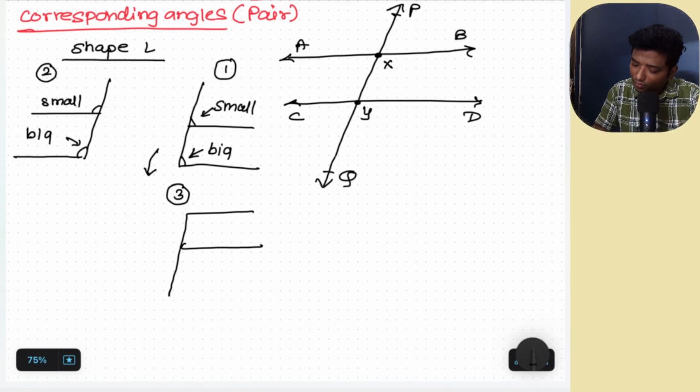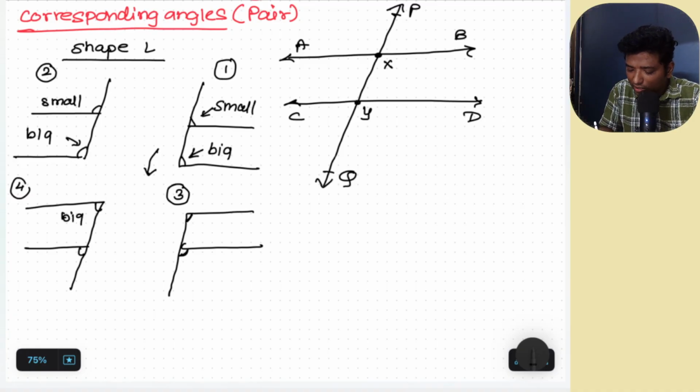Again this is the bigger L and this is the small one. Now again I will flip this one, the bigger L.